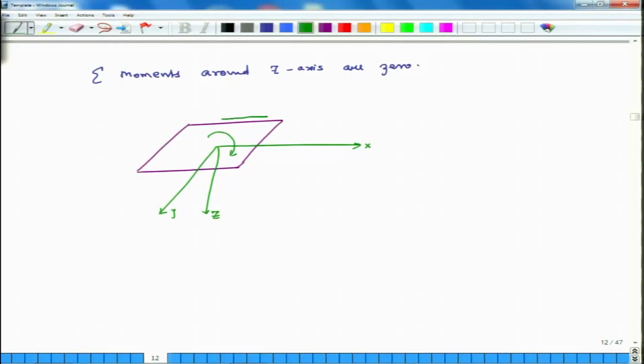One force which will cause it to rotate is this guy, Nyx, and then Nxy, this will also cause it to rotate.